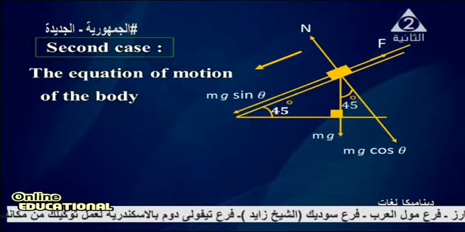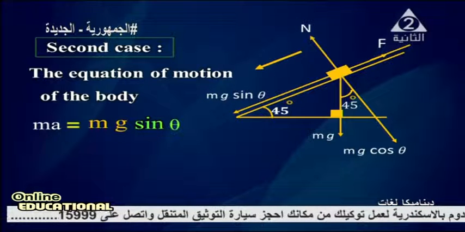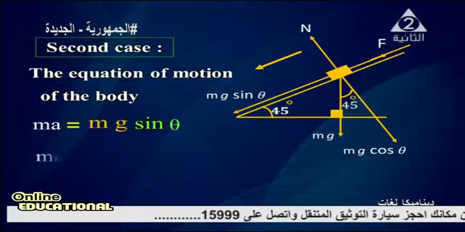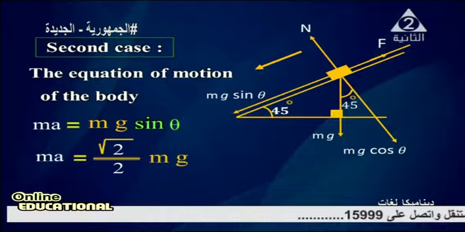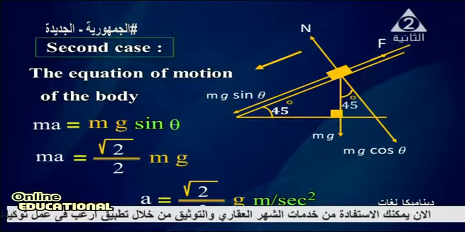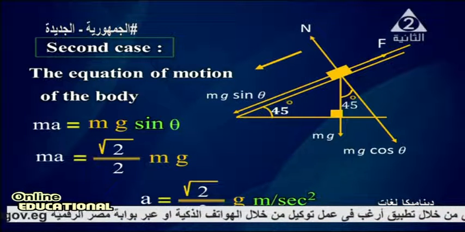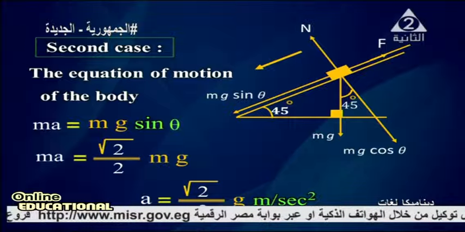The equation of motion is ma equals mg sine theta. MA equals sine 45 times mg, which equals root 2 over 2 times mg, divided by m on both sides. Then the acceleration A equals root 2 over 2 g meter per second squared.